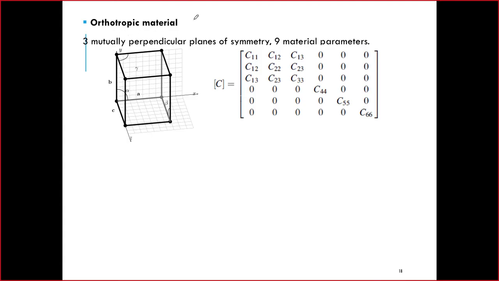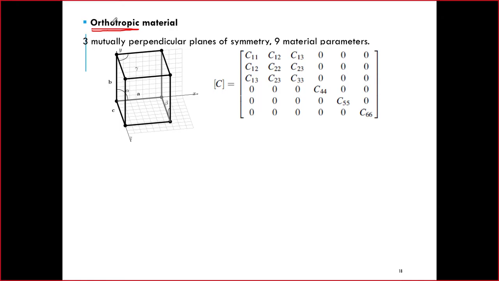So whenever something has two mutually perpendicular planes of symmetry, then there is actually a third plane as well. And as I've drawn out here, in this case, all of the lattice angles alpha, beta, gamma are equal to 90 degrees. This material is known as an orthotropic material. Orthotropic: ortho means perpendicular.